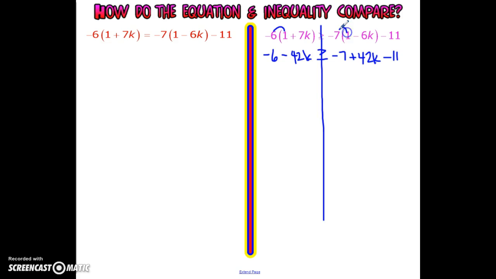When we distributed this -7, the -11 is not part of that. Now we can combine these to end up with -18 plus 42k. And then the left side stays the same.